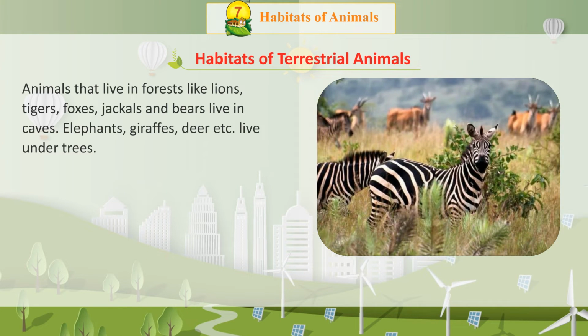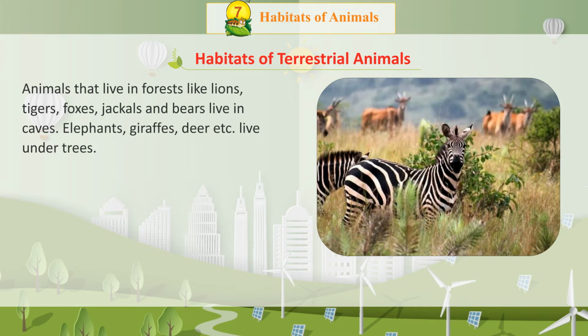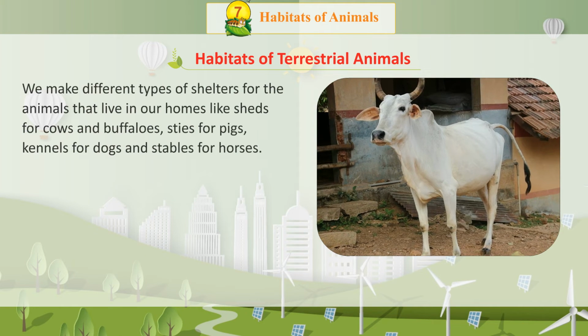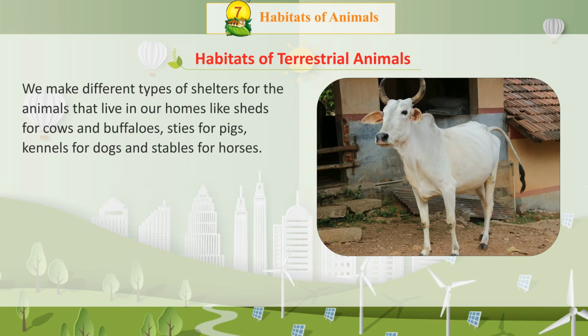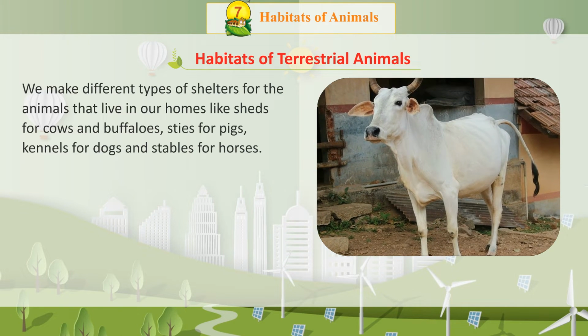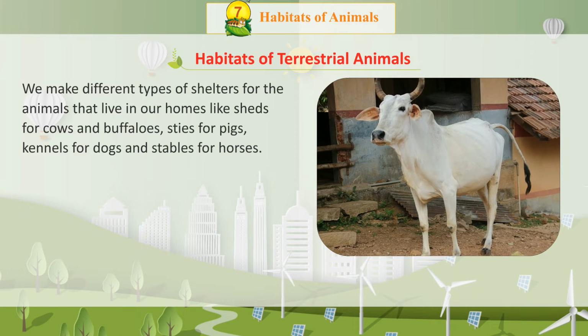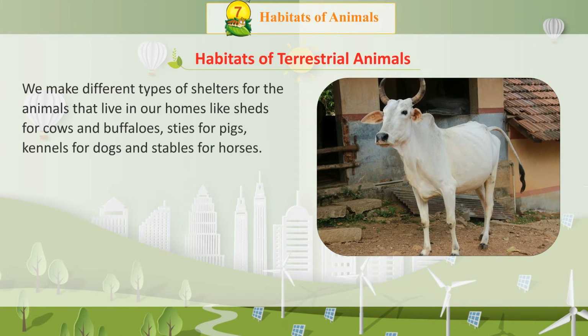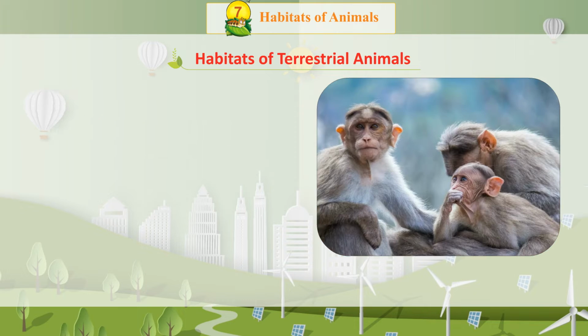Elephants, giraffes, deer, etc. live under trees. We make different types of shelters for the animals that live in our homes, like sheds for cows and buffaloes, sties for pigs, kennels for dogs, and stables for horses.